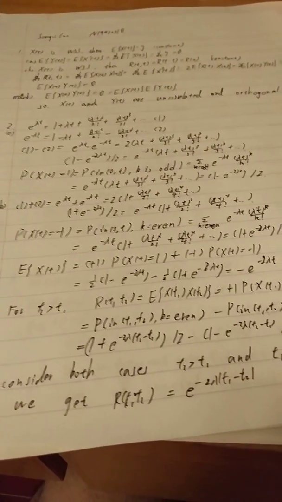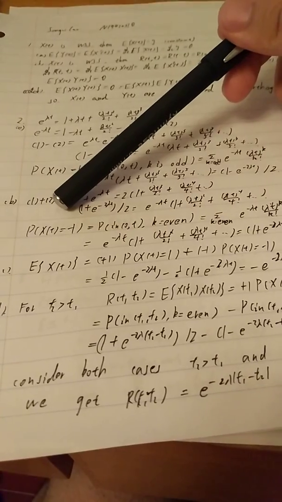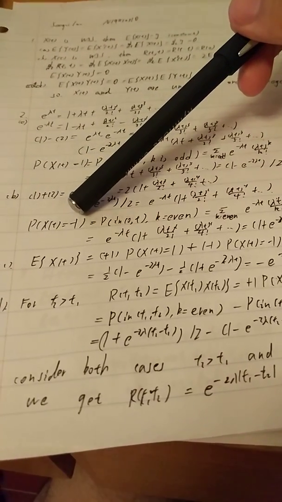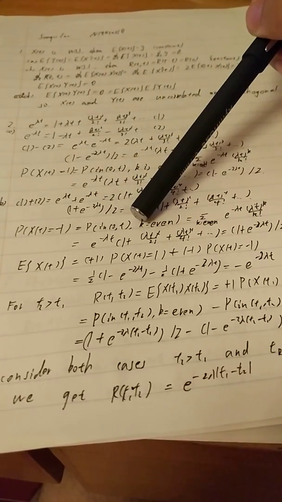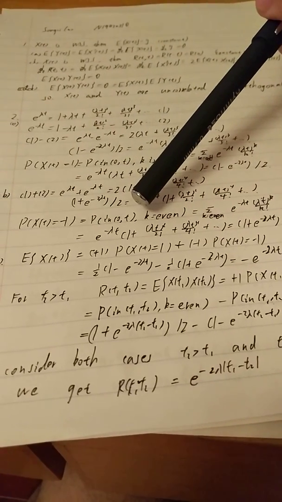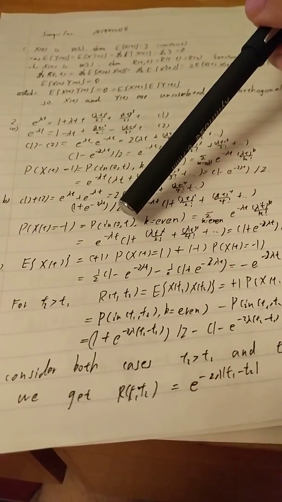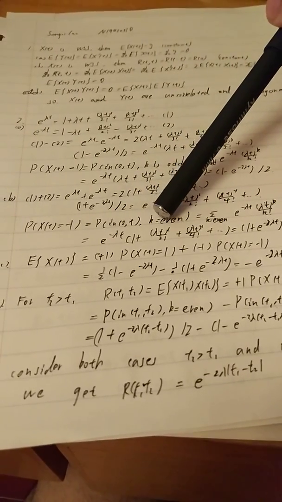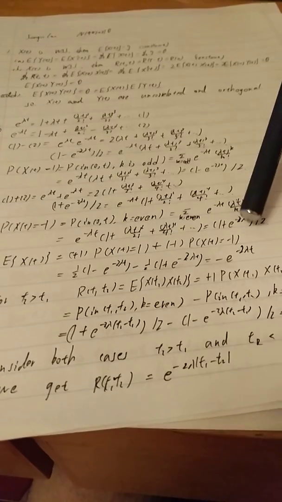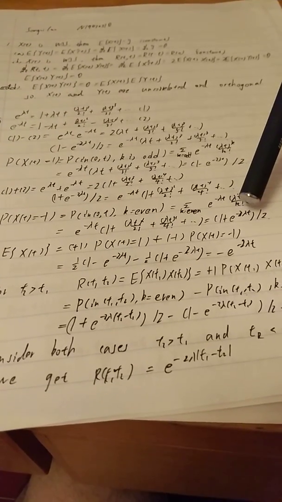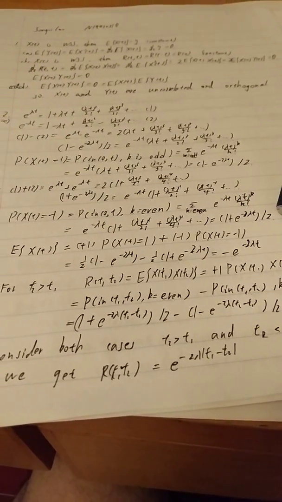Also, then we can get the probability of X(t) equals minus 1 equals the sum of P(N = k) where k is even. Then it equals (1 plus e^(minus 2 lambda t)) over 2.